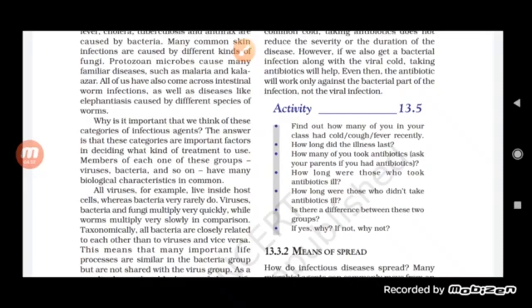And this can happen only when we know what kind of agent has attacked us, or what kind of agent is responsible for causing disease to a person, right? So it is really important to decide what kind of treatment we should give, and for that we must know the members of the groups.